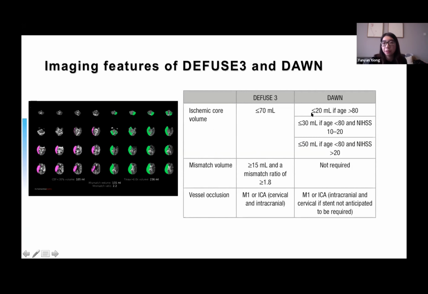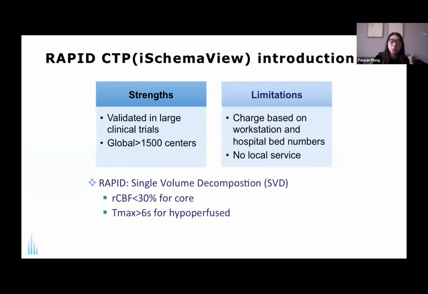In the DAWN trial, they used clinical and imaging mismatch, and the imaging part can use diffusion weighted imaging MRI to calculate the lesion volume. RAPID also has the lesion volume based on DWI. So these two clinical trials, mostly DEFUSE-3, relied mainly on the RAPID software.